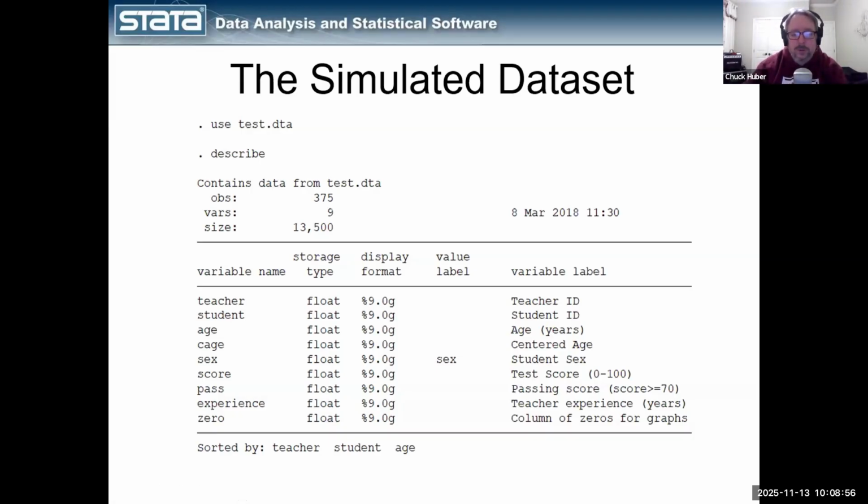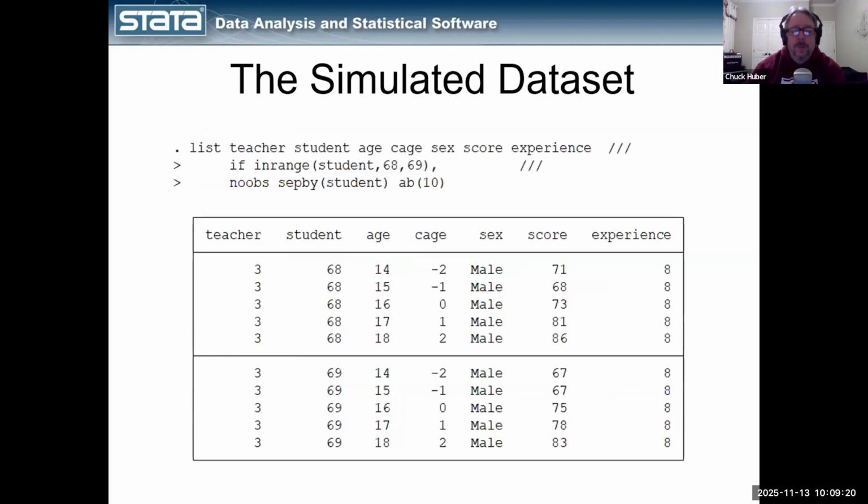Sex is just whether the student is male or female. Score is the student's test score, ranging from 0 to 100. It's continuous. Pass is an indicator variable for whether or not the student passed. So whether or not the student had a score of 70 or higher. And then experience is the teacher's years of experience, and 0 is a variable I needed in here just for some of the graphs, so it's kind of a nonsense variable.